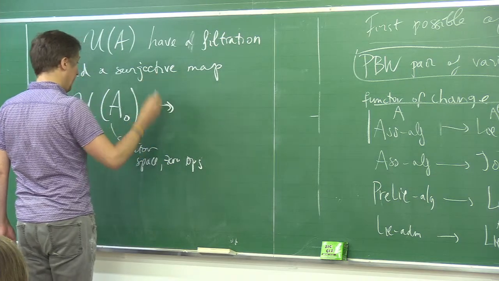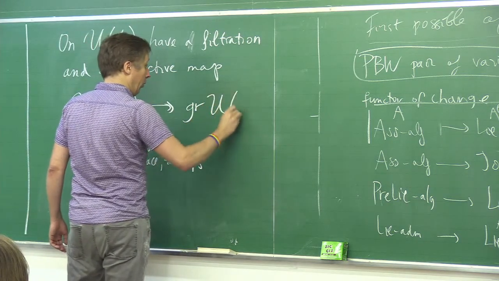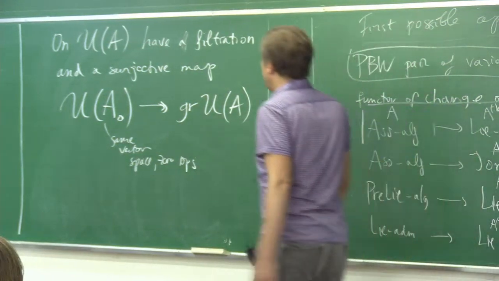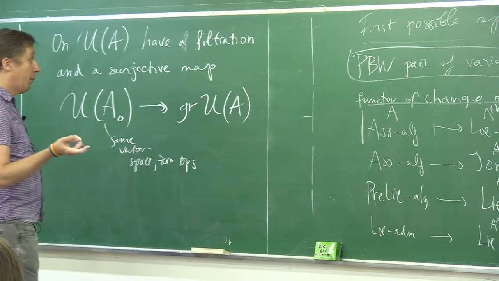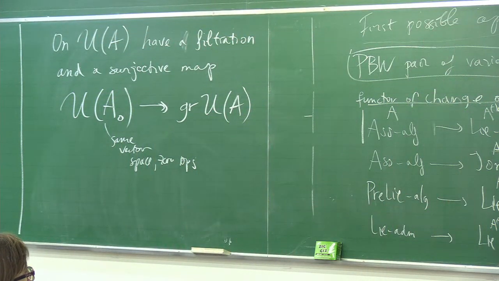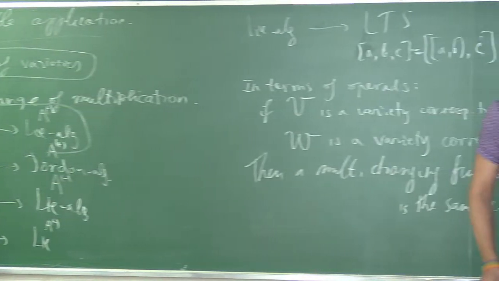You have a surjective map to the associated graded of the universal enveloping algebra. And this datum is called a PBW pair if this map is always an isomorphism.